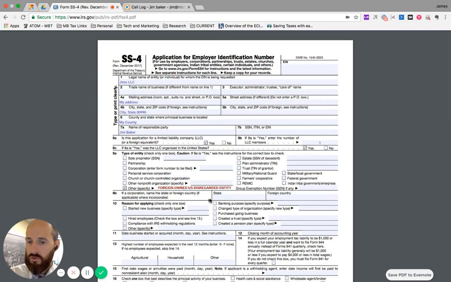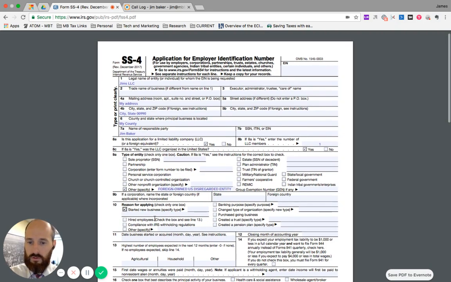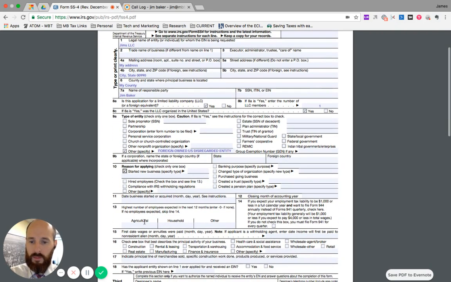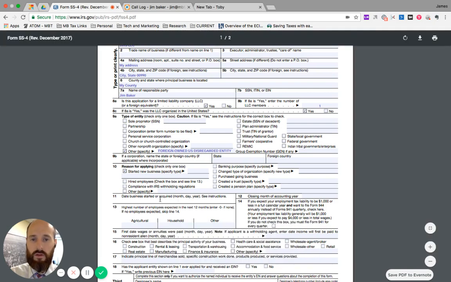No corporation. Reason for applying would be start a new business, of course. No employees, date the business started, and that's when you would put it on your state documents, the articles of organization. I got stuck on that one.